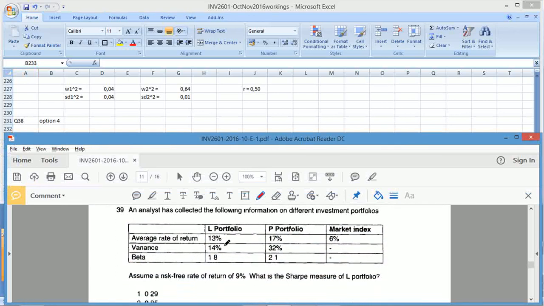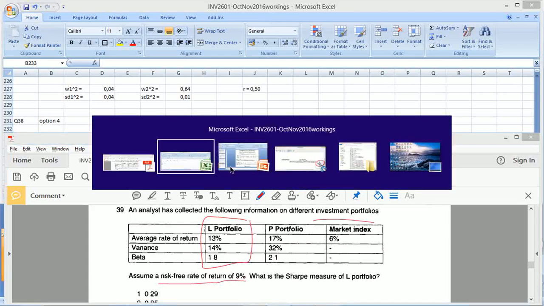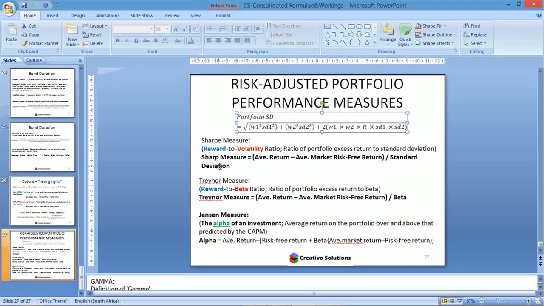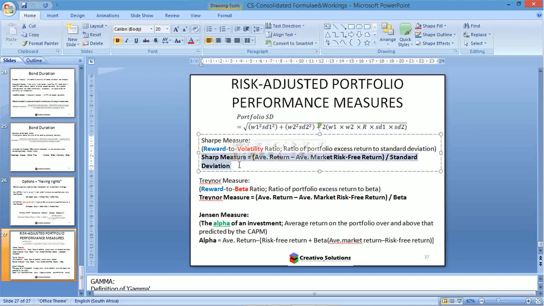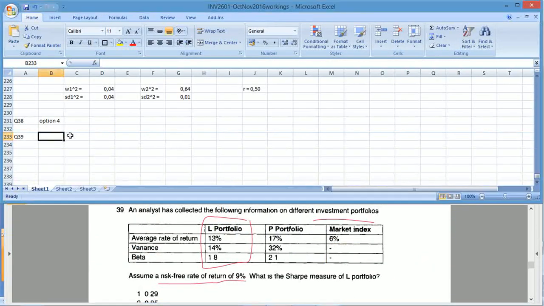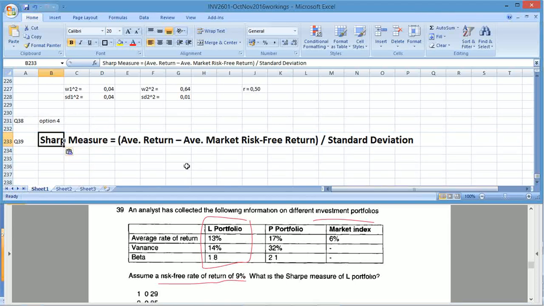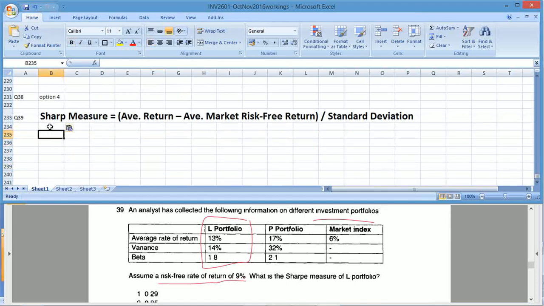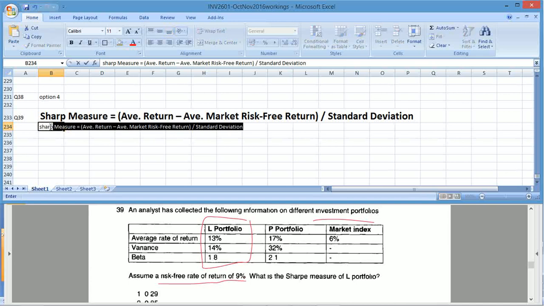Right, question 39. An analyst has collected the following information on different investment portfolios. Assume a risk-free rate of that. What is the Sharpe measure of L? Okay, so I'm looking at L only, and I want Sharpe. So Sharpe is that equation there. Right, so Sharpe equals, open brackets, the average return.